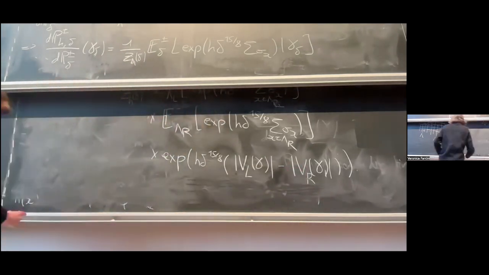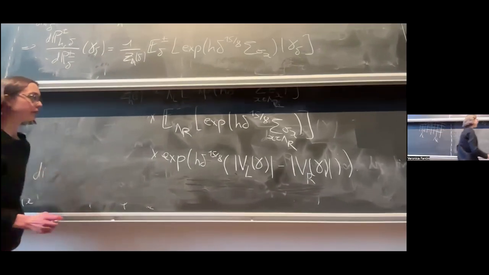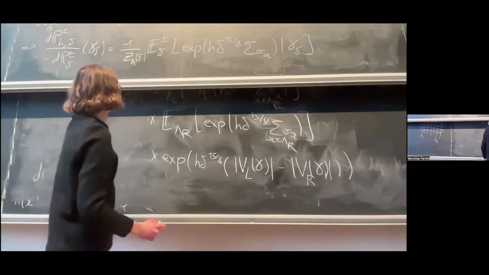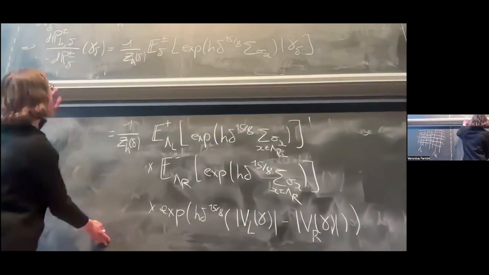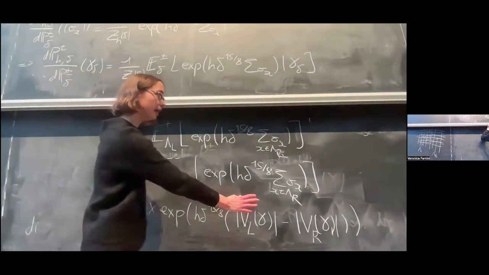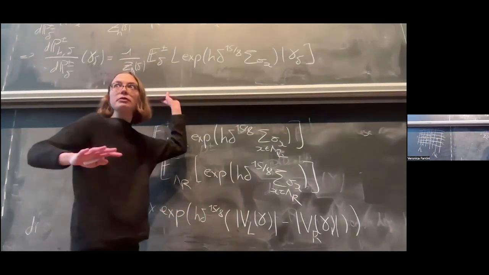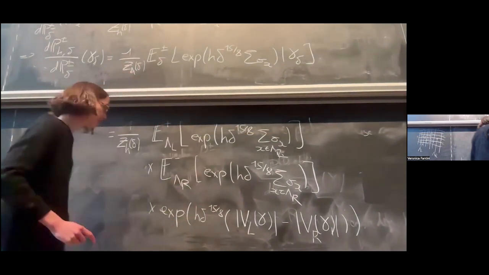Okay? And what you know is that this gamma here, remember, comes from the Radon-Nikodym derivative. So this gamma has the critical law, the law of the interface for critical Ising.